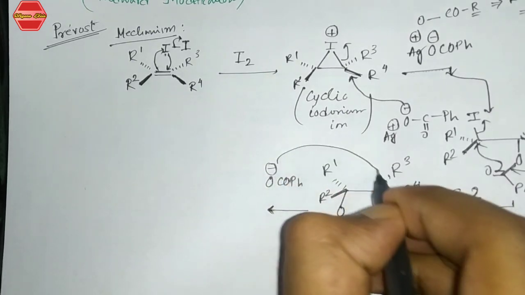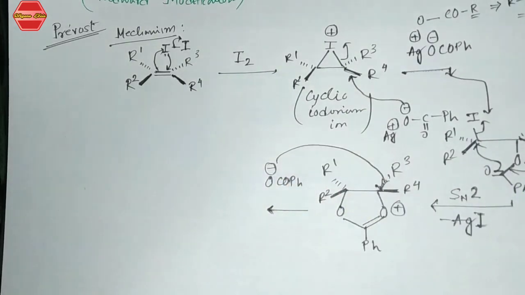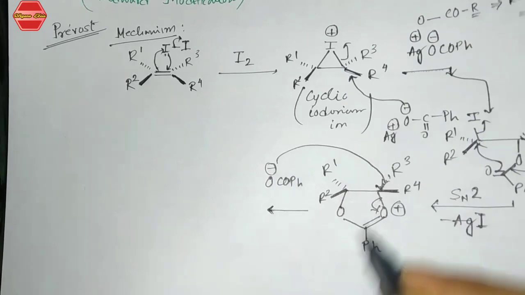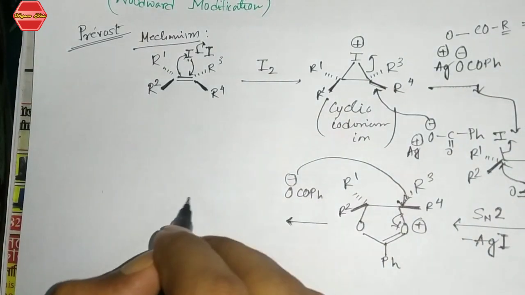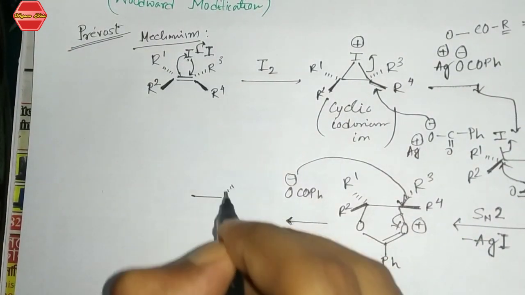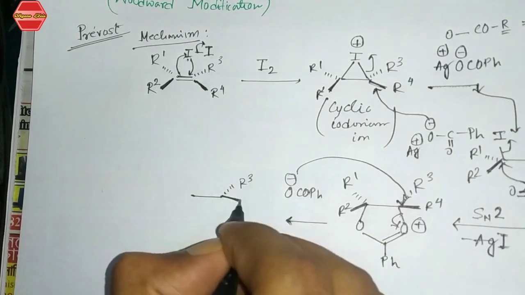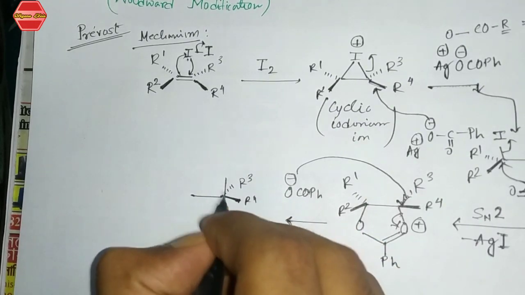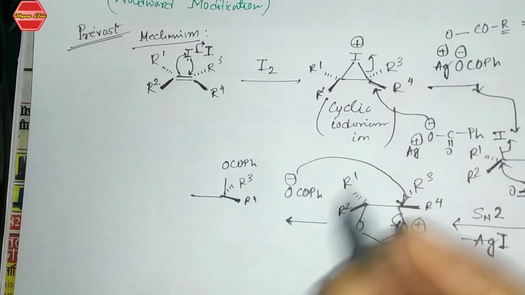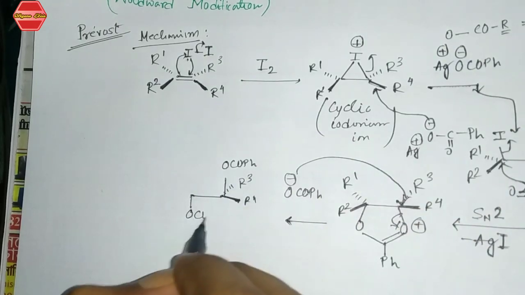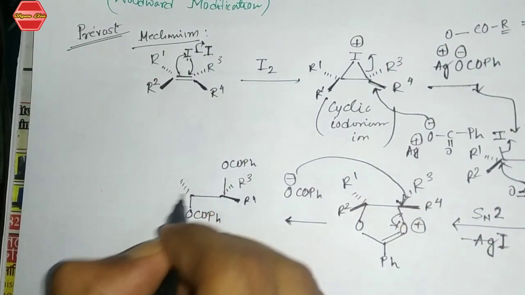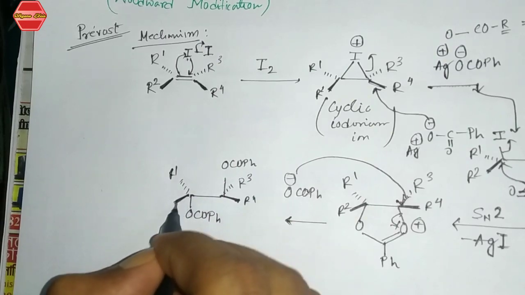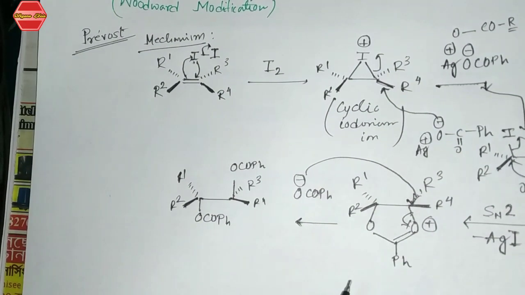So this will generally go to this carbon atom, and this bond opens to this oxygen center. Okay, then we get the product R3, R4, OCOPh. This is your OCOPh, R1, and this is your R2. Okay, so that is how we get it.